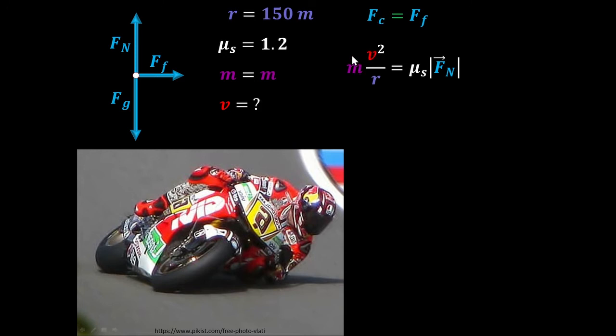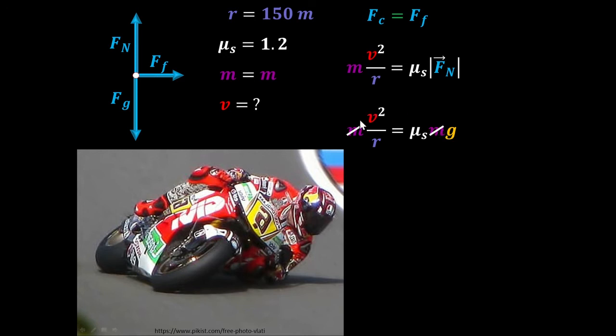So the centripetal force is mv squared over r. The force of friction was the coefficient of static friction times the normal force. But here's where we had to remember that the normal force was equal to what they weigh. And what they weigh, the normal force, is just mass times gravity. Here's where we can see that mass cancels out.